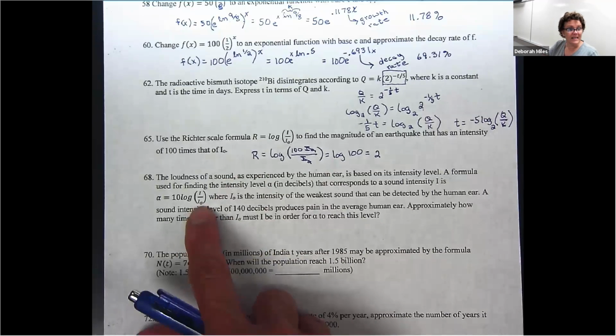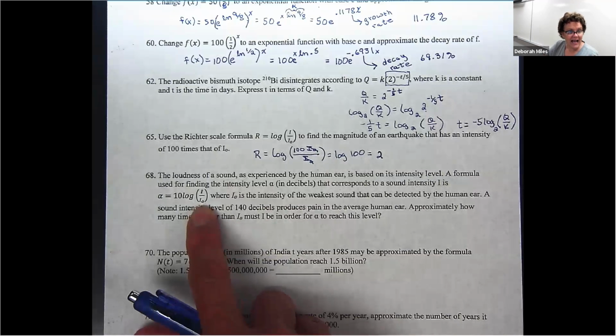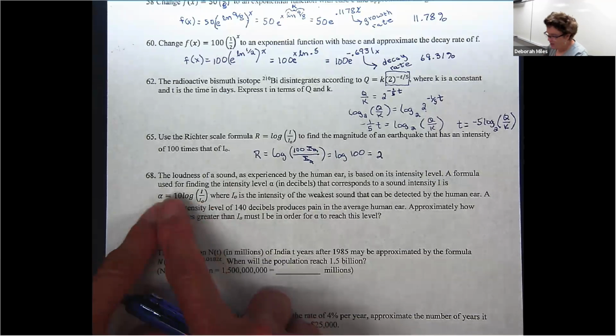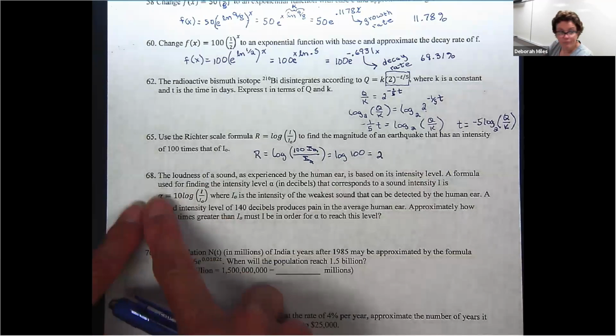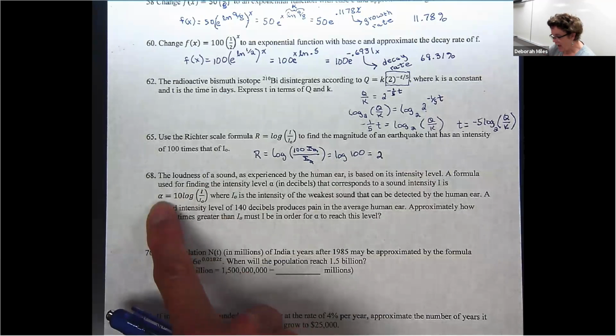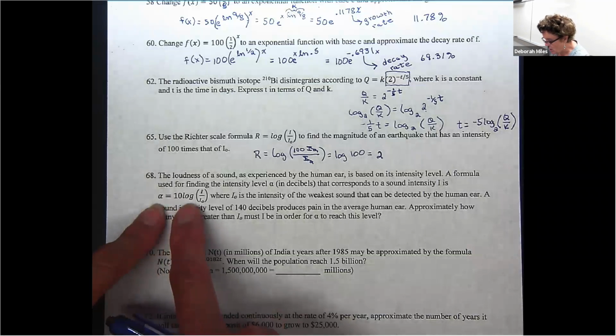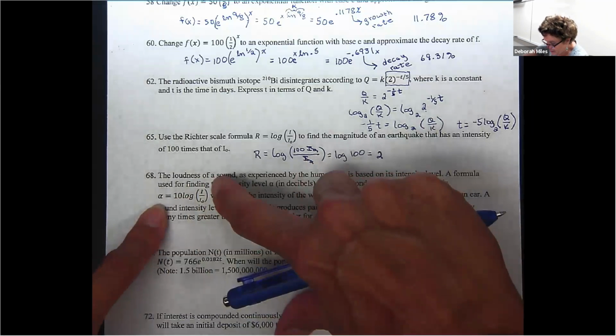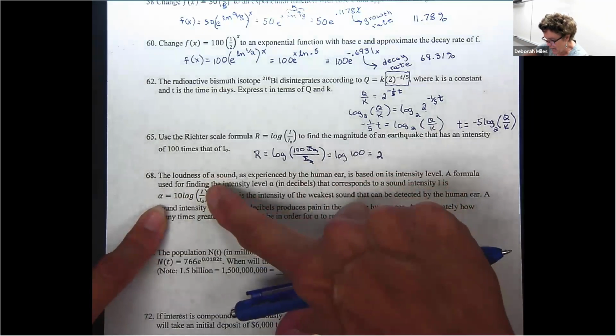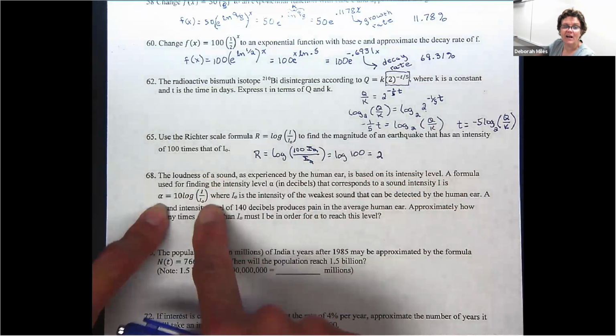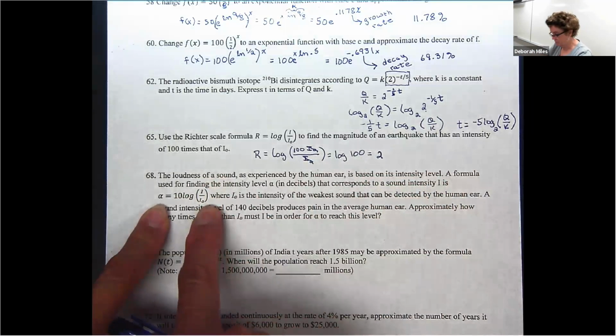With the decibel scale formula, I sub 0 is the lowest sound that a human can hear, the little bitty almost nothing sound. So the decibel scale formula, I'm not sure why alpha is used for decibels, but the formula is 10 times the log of the intensity of sound divided by the intensity of the little bitty almost nothing sound.